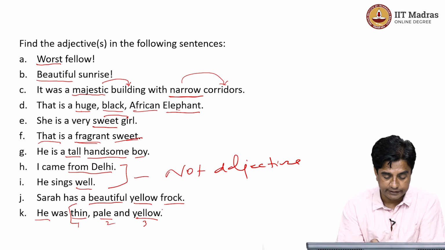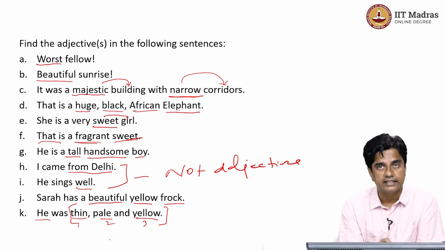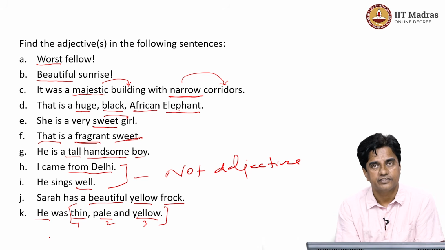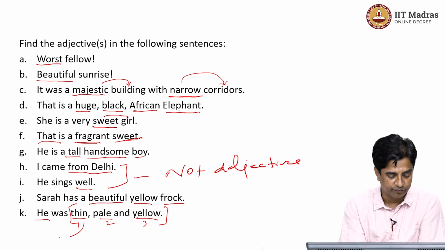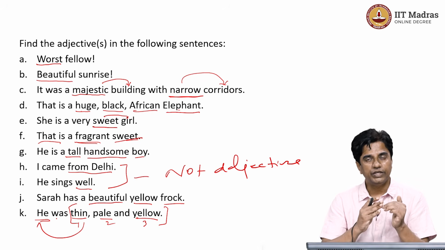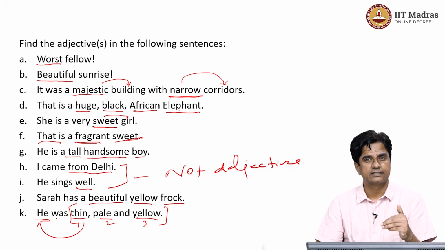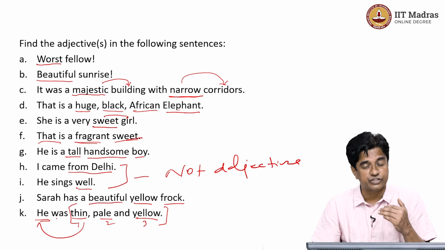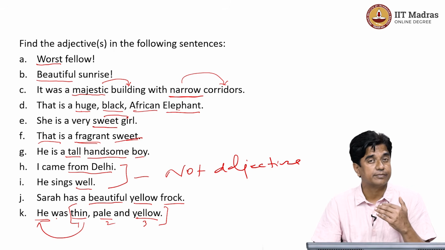They are all in the position of a predicate, therefore they are called predicative adjectives. So with these 10 sentences, we see examples of distributive adjectives, examples of predicative adjectives, and also examples where there are no adjectives.